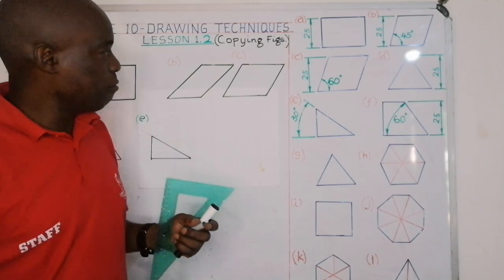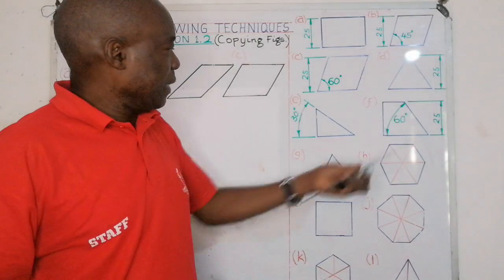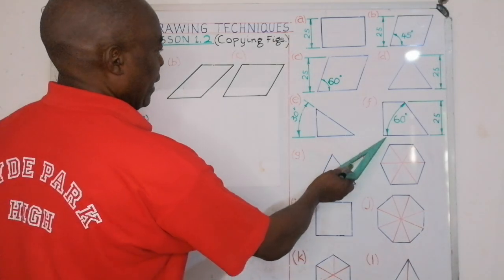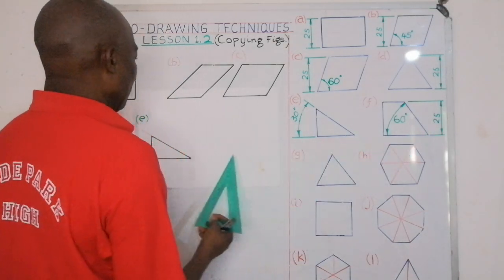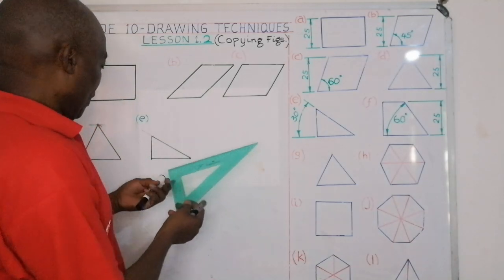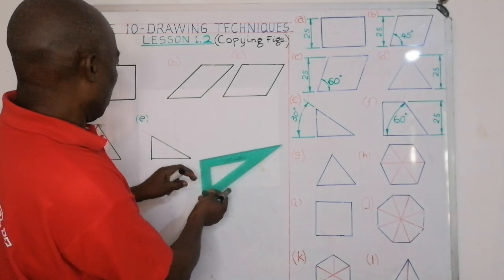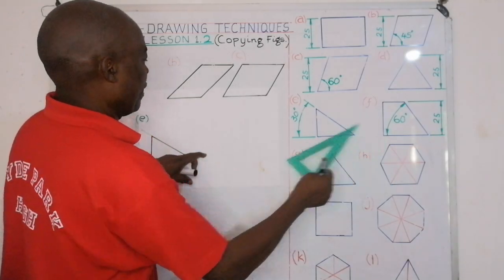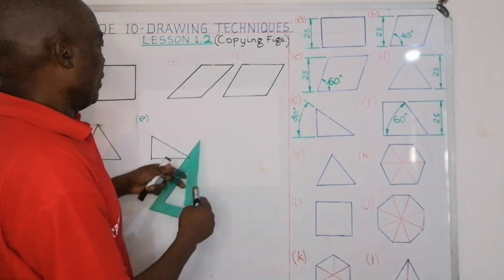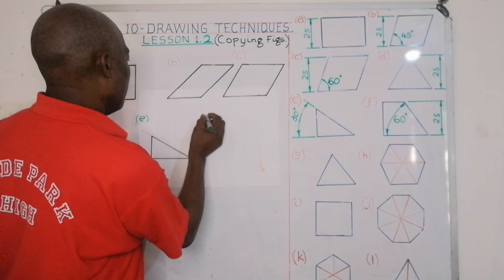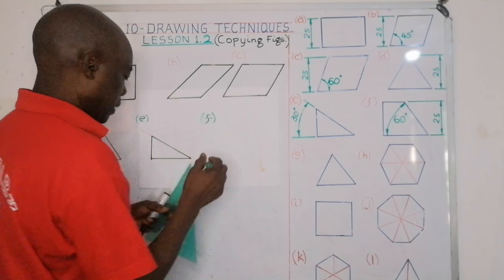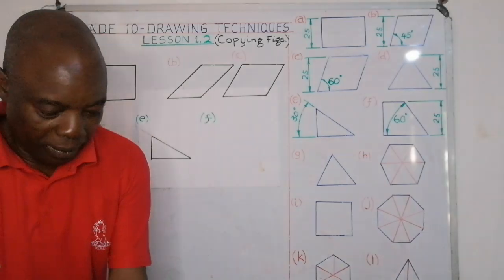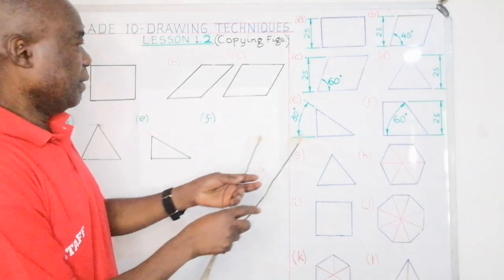And then F. F is a trapezium. This line is the one which is given on the drawing space. So I'm going to consider that length first of all. Let me label it F. Right. So let me mark off my distance there.